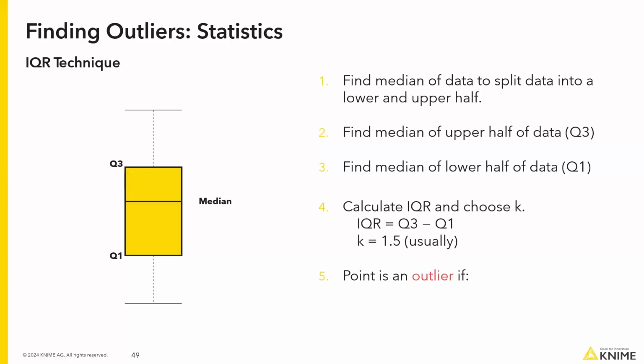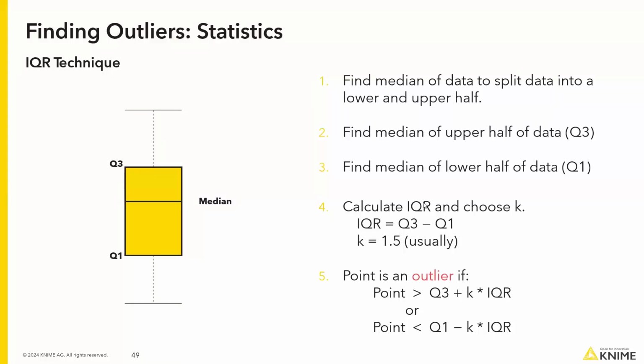Your outlier will be the data point that lies above this value, third quartile plus k multiplied by interquartile range, or if the data point lies below this value, first quartile minus k multiplied by interquartile range.